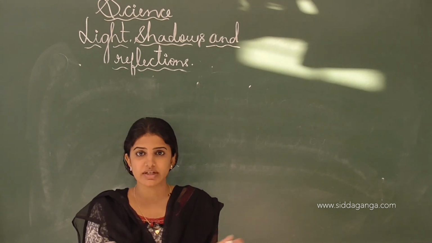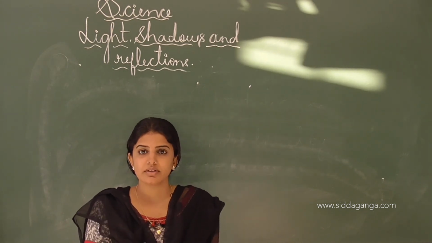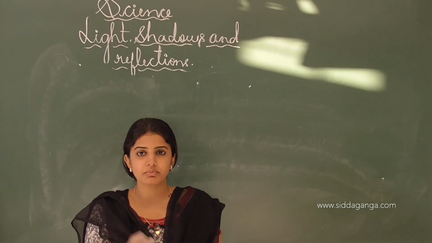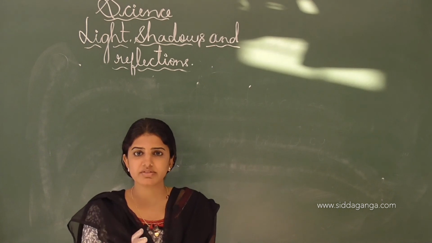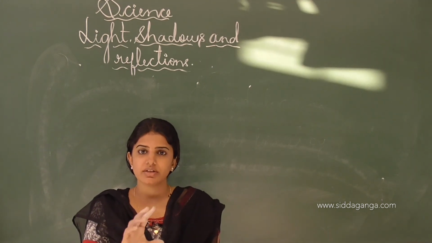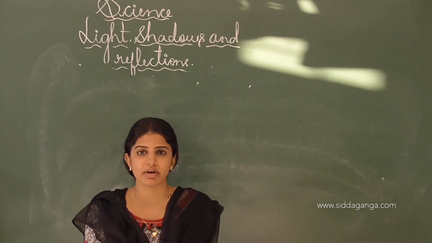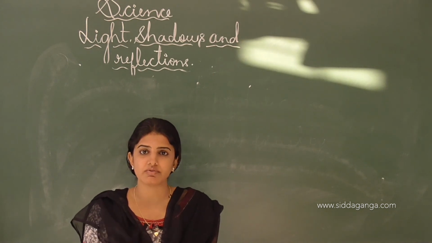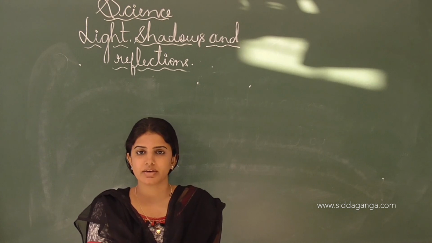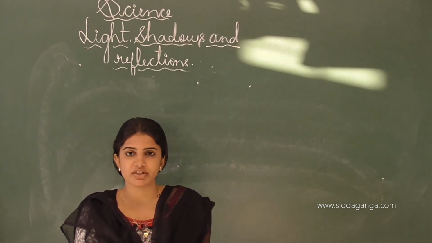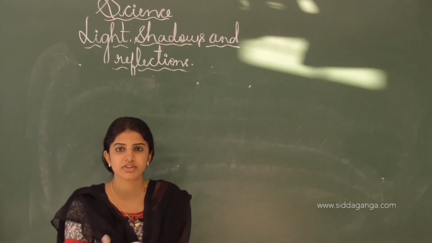If the source of light is wide, such as the sun, then two types of shadow are formed: one is the umbra and the other is the penumbra. In the umbra, the darker part is formed, whereas in the penumbra, sometimes light falls on it, and that is nothing but the penumbra shadow.